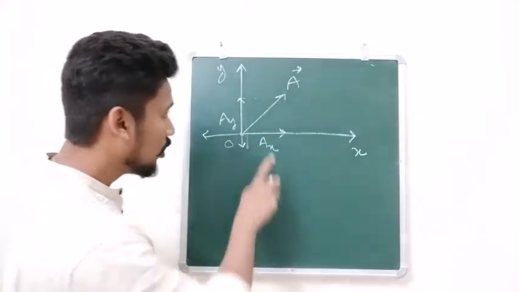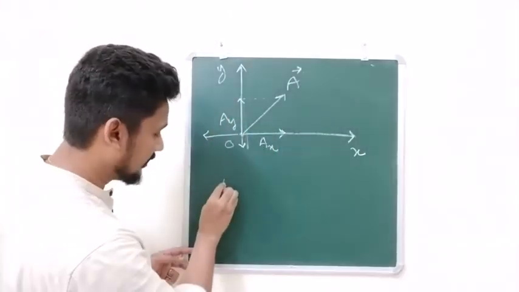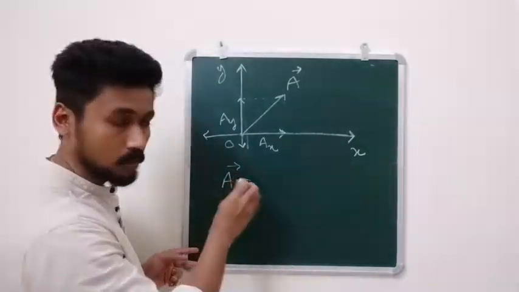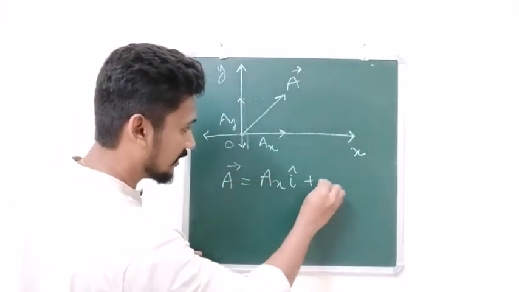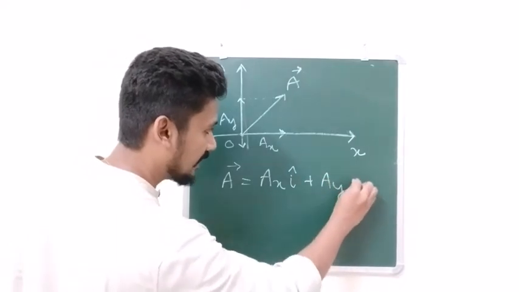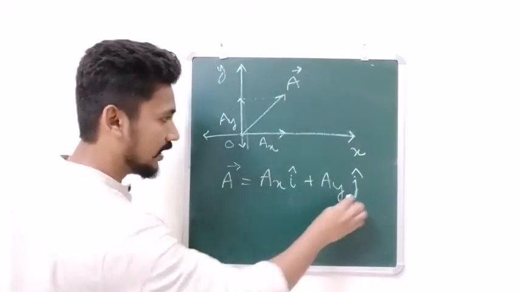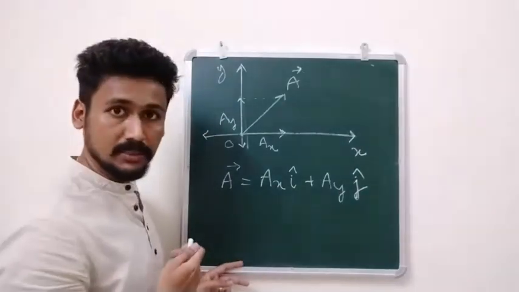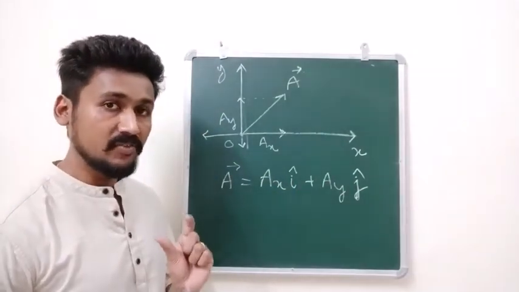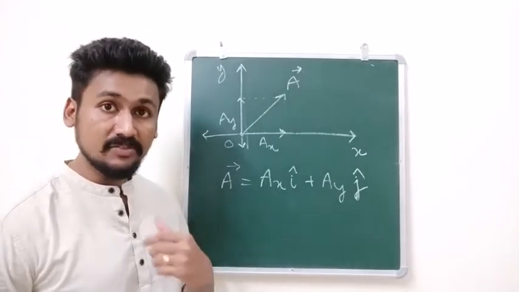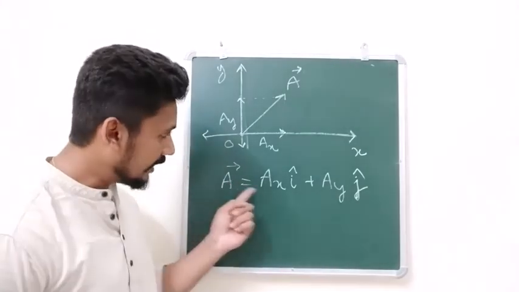So now you can write vector A equal to AX i cap plus AY j cap. So this is the use of having unit vectors. We can denote vectors very easily, and it is very easy to visualize also in this manner.